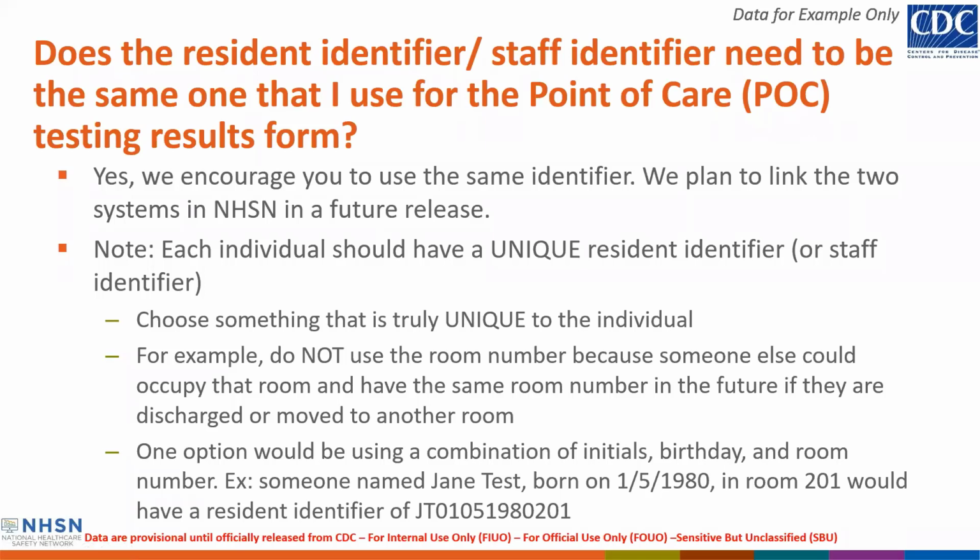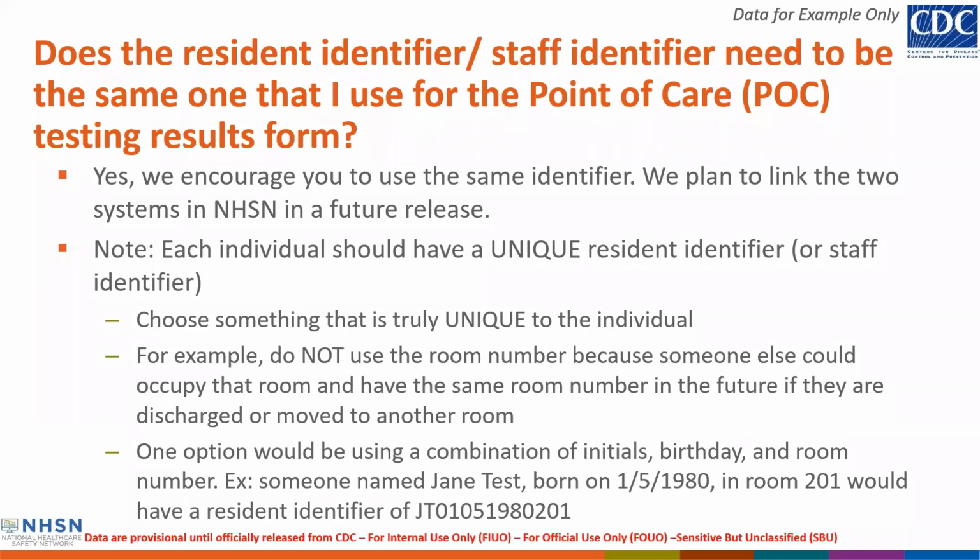If I'm somebody that is also entering data on the point of care or POC testing results form, should that identifier be the same on this event level vaccination form? Yes, the identifier should be the same for individuals who are entered into both the POC form and this individual event level vaccination form. We strongly encourage you to use the same identifier.